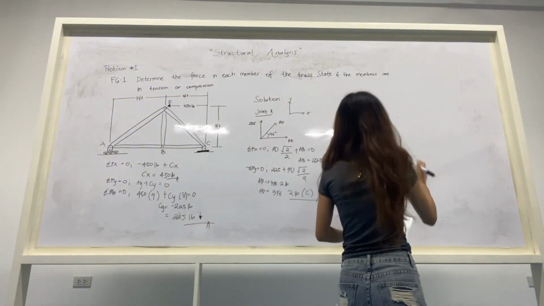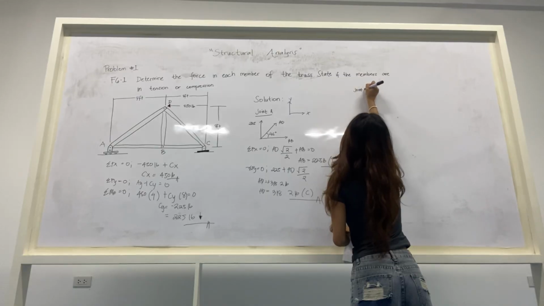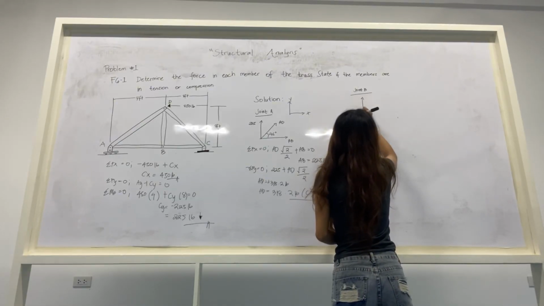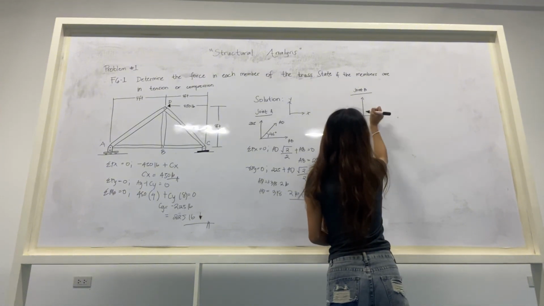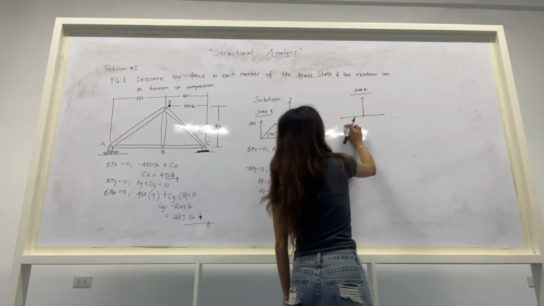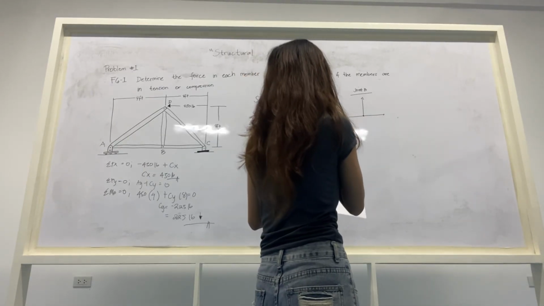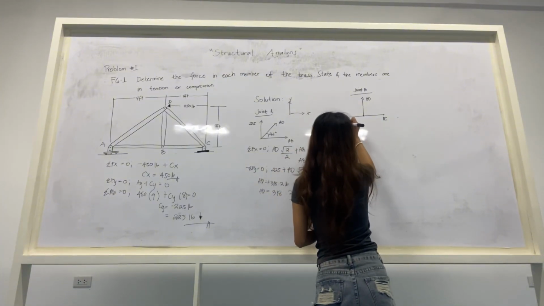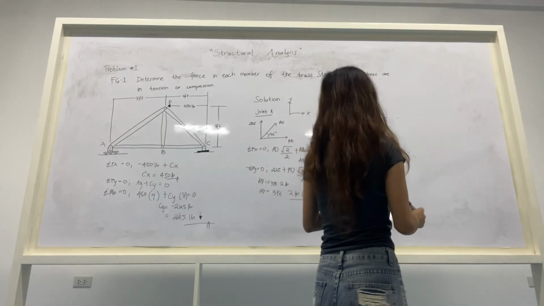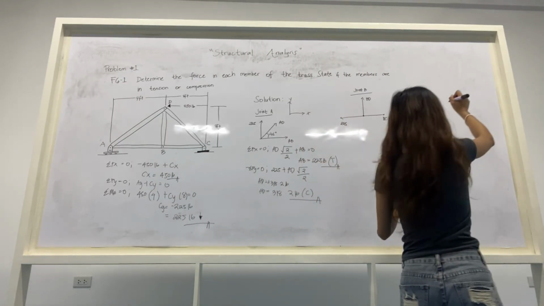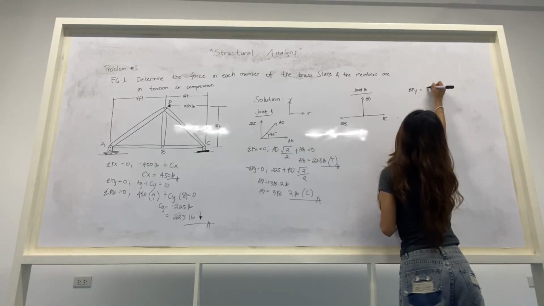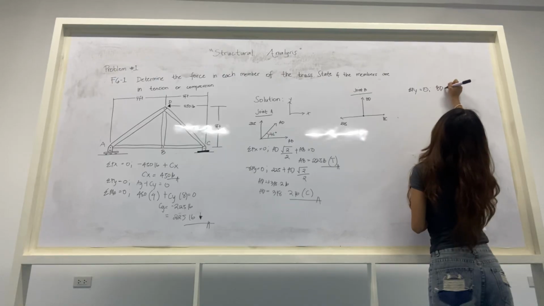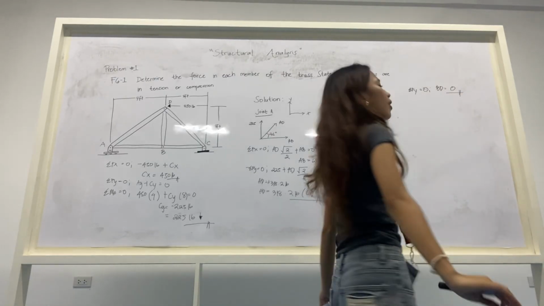So we proceed to our joint B. For the joint B, we have our forces, since there is no large amount in BD.